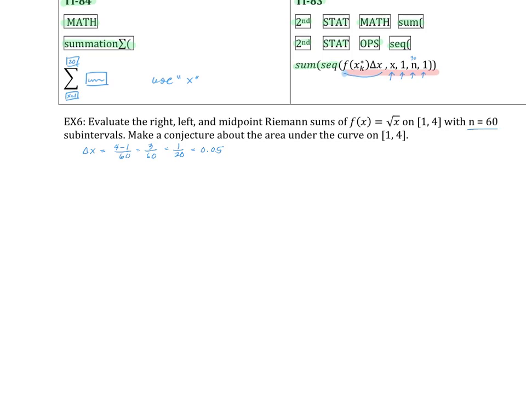So if it's a repeating decimal, keep it as a fraction. So we're going to use the midpoint Riemann sum. And, oh, I'm sorry, you can ignore this last thing about making a conjecture. We're not going to make a conjecture, because we're just going to look at the midpoint Riemann sum, since that's the most difficult one to compute.